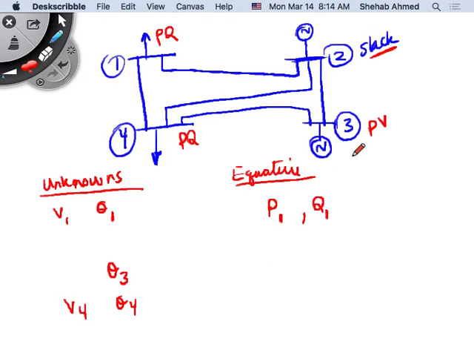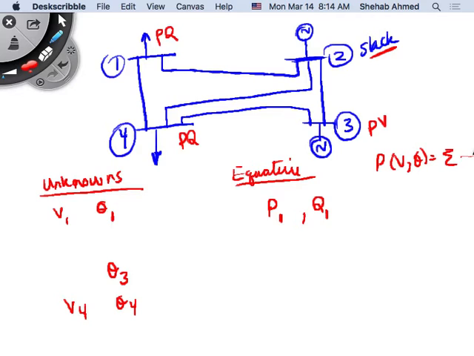How about bus 3? Remember, I have P. Since I have P, remember our equation is P as a function of V and theta, equal to some summation, some big equation that has V and delta, or V and theta, in it, right?